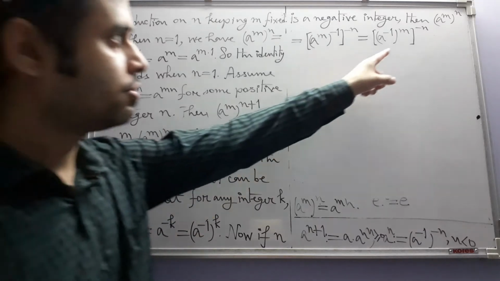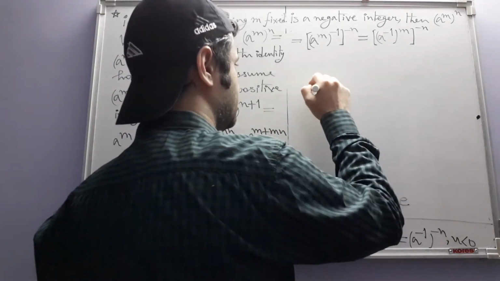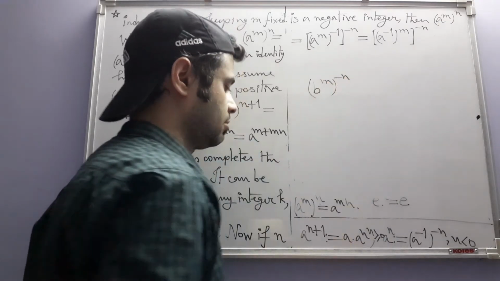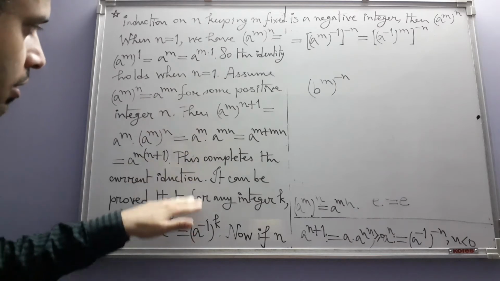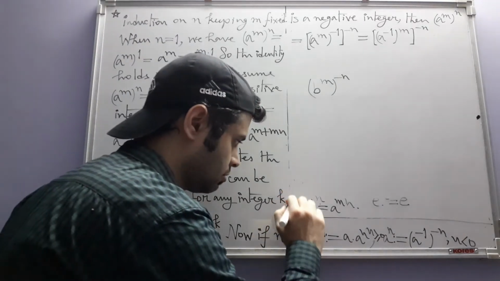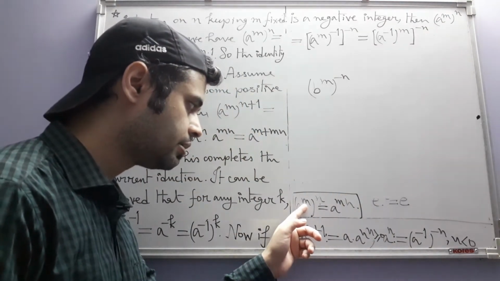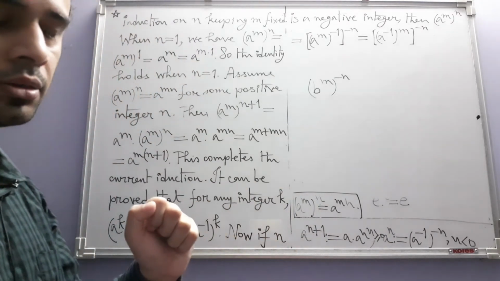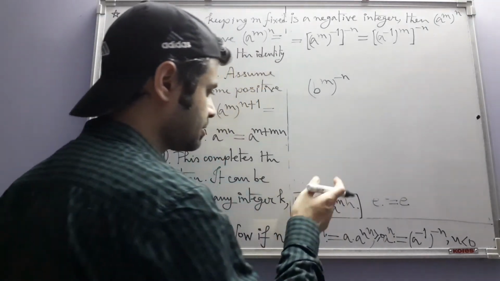Now you look at this. This looks like something like b to the power m whole to the power minus n. Keep in mind what we have already achieved above this: we have proved the second identity for arbitrary integer m and positive integer n, because the case 0 is trivial.